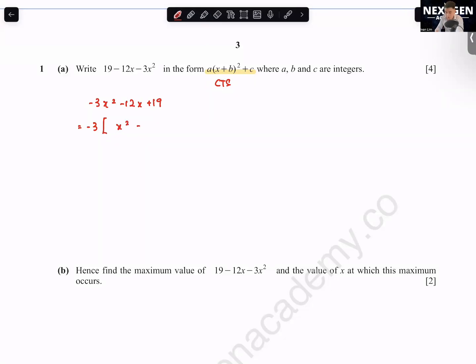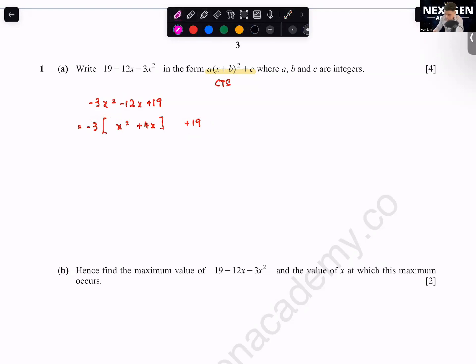Here you factorize out negative 3, and you get x squared plus 4x. The plus 19, I just leave it outside first. Your outcome will be the same. But most textbooks or teachers will teach you to factorize from the 19 also. Why I don't want to factorize from 19? I don't want to get distracted by what is the CTS step.